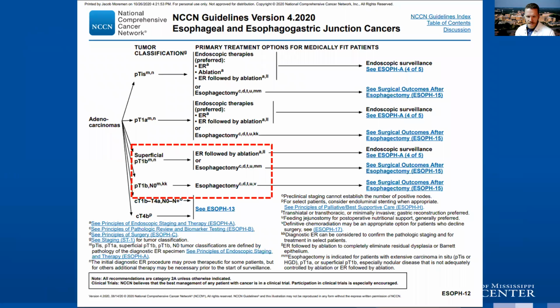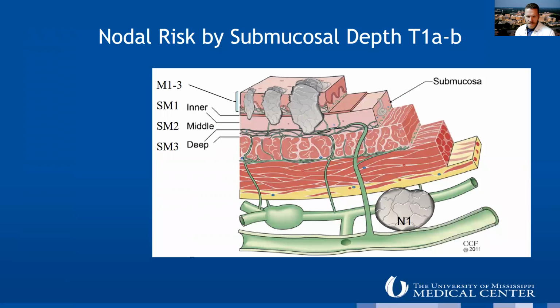So that brings us back to this discussion of the T1B territory with these superficial tumors that are beginning to penetrate more deeply, and how that's impacting their risk of nodal disease. So I'm going to blitz through a stack of different studies that assess this.